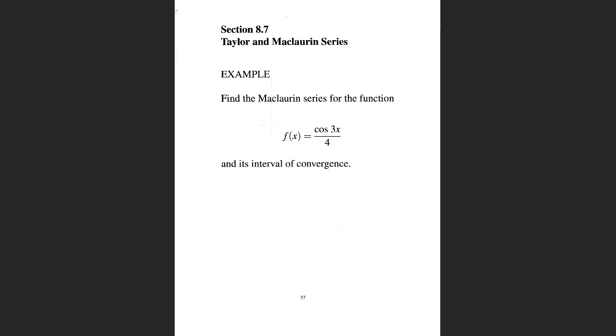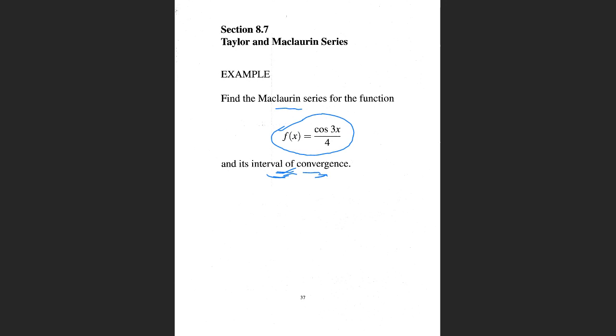Okay, so what we want to do here is find the Maclaurin series for the function f of x equals cosine of 3x over 4 and its interval of convergence.